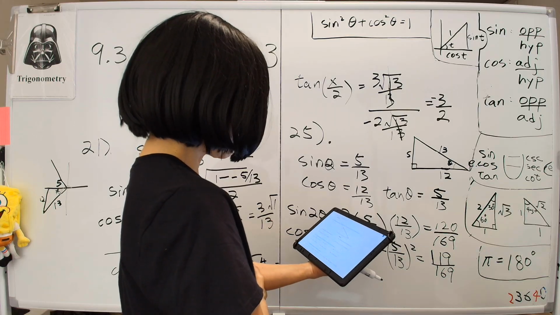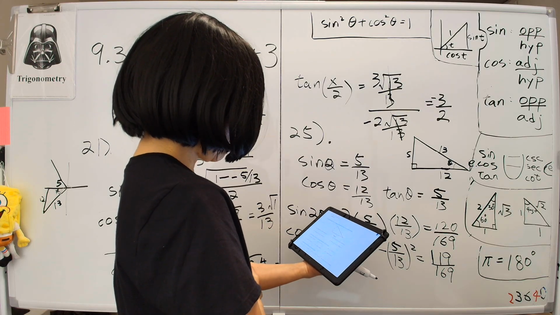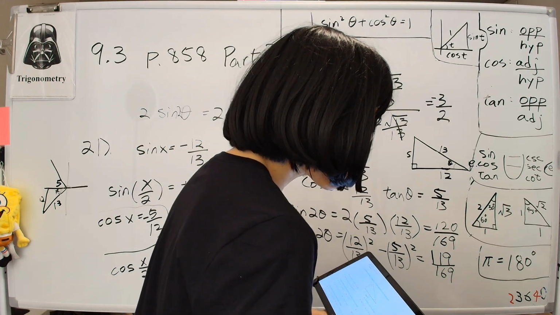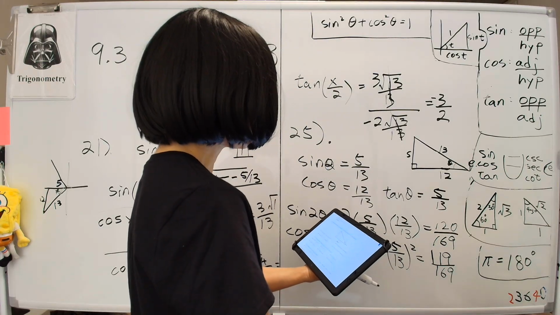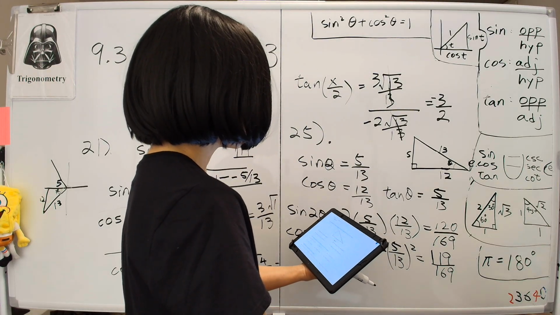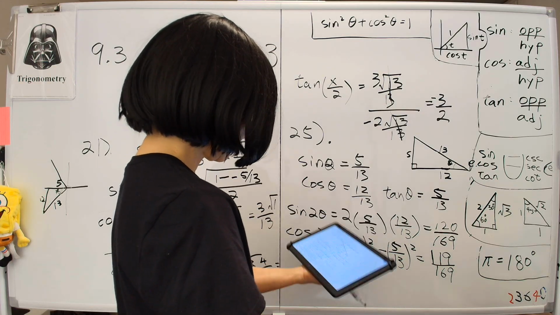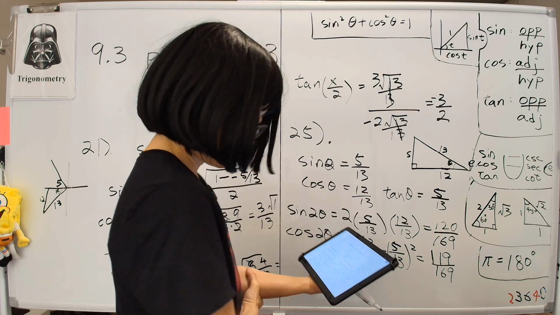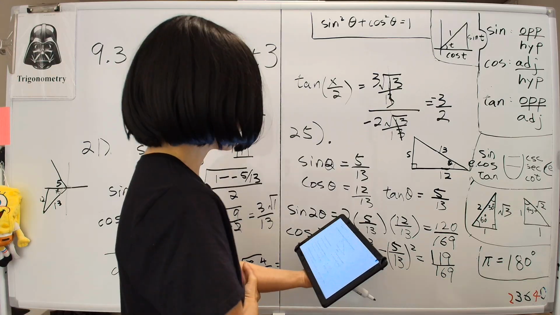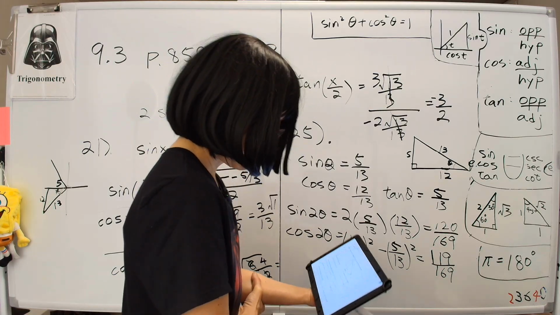What is negative? 2 sine squared, 2 cosine squared.